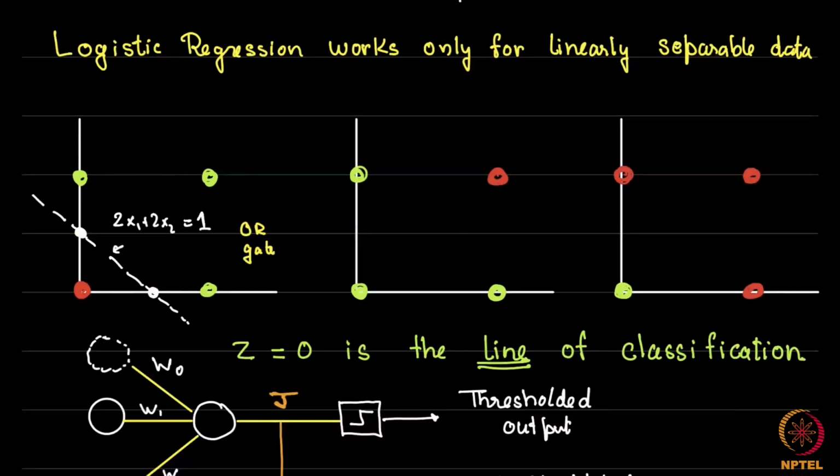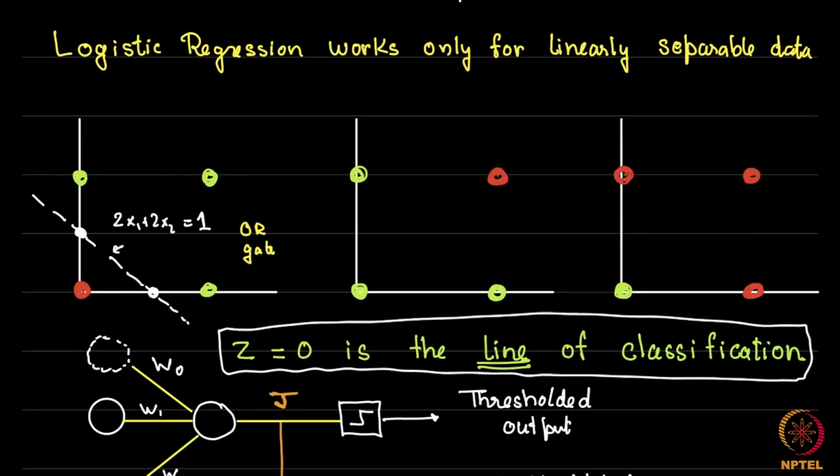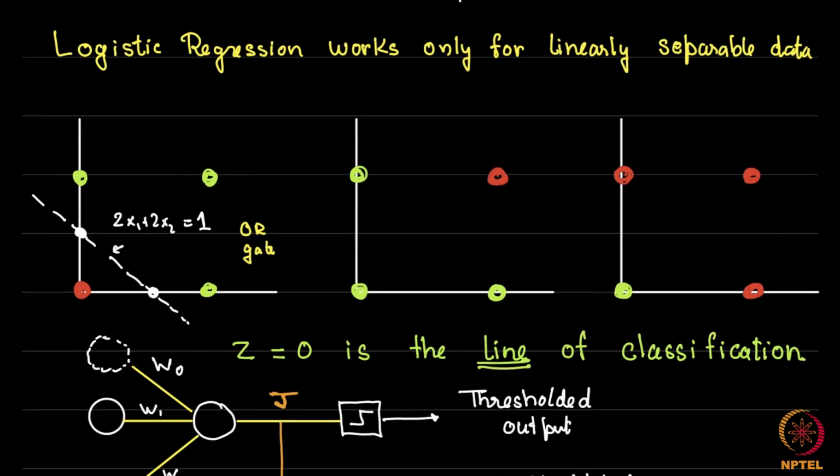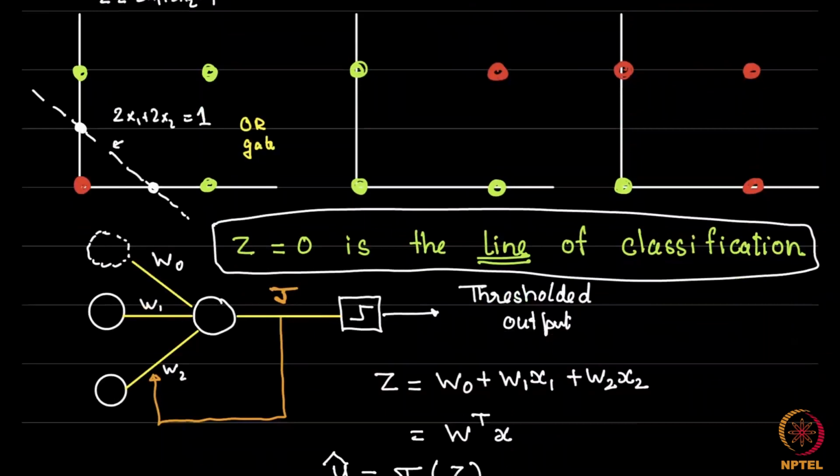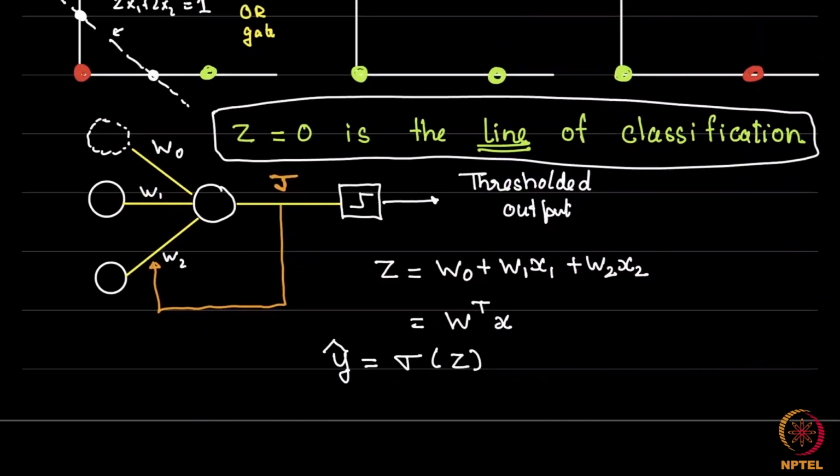Now, remember, we had also seen last week that the classification line is the line where z equal to 0. So this z equal to 0 line is the classification line. Here, for example, you can say z equal to 2x1 plus 2x2 minus 1, which in this structure, if you remember, z was also equal to w0 plus w1x1 plus w2x2.